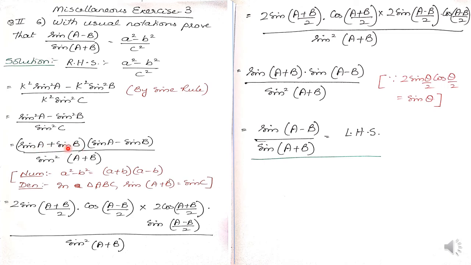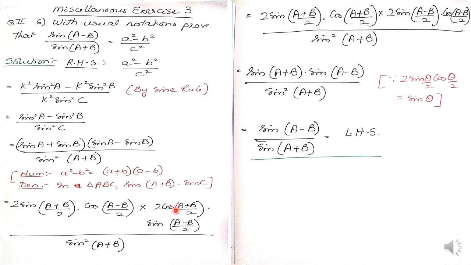Then, in the numerator, for the first bracket, we use the formula for sin C + sin D, and in the second bracket as well, we use the formula for sin C − sin D. Thus we get 2 sin((A+B)/2) cos((A−B)/2), and for the second bracket, 2 cos((A+B)/2) sin((A−B)/2). The denominator remains the same as of now.